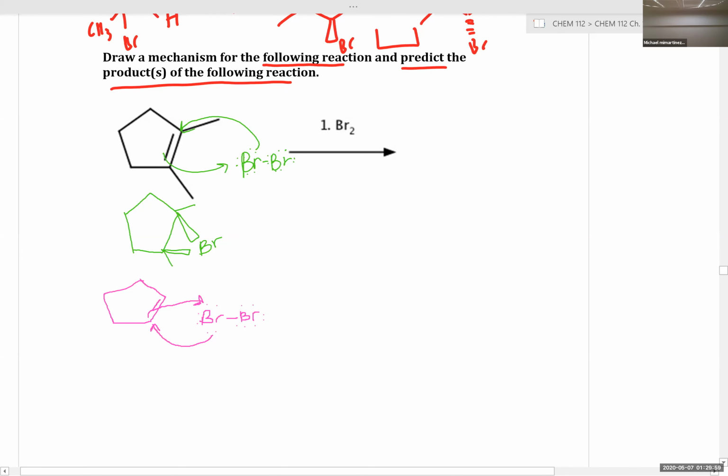Top face pointing towards us, looks good so far. And just don't forget the other arrow kicking the electrons back to the bromine to make bromide. But otherwise, the mechanism looks good so far.